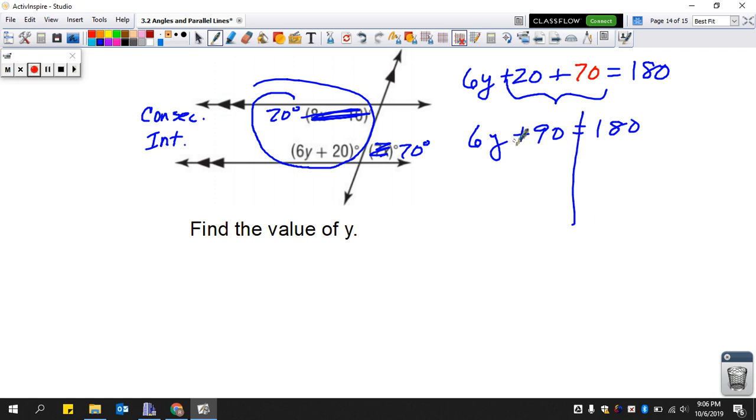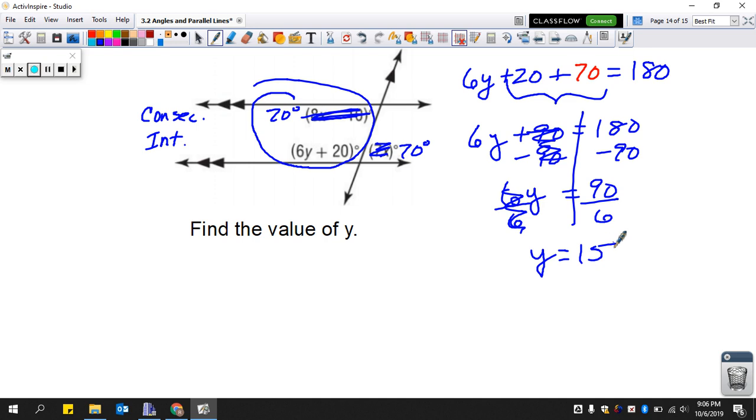Then we solve for y. Minus 90 minus 90. We end up with 6y is equal to 90. Divide both sides by 6. And we find out that y is equal to 15.